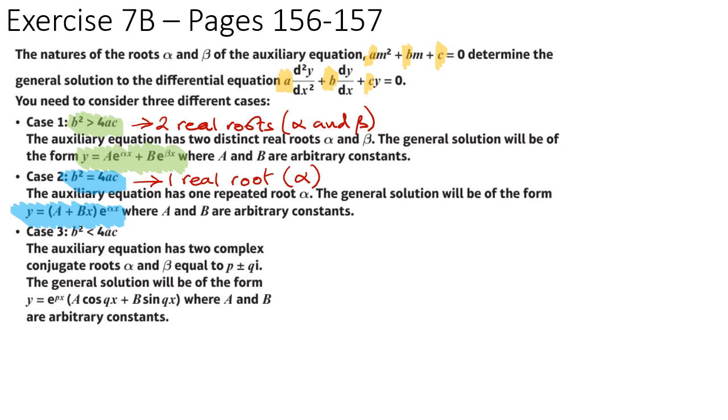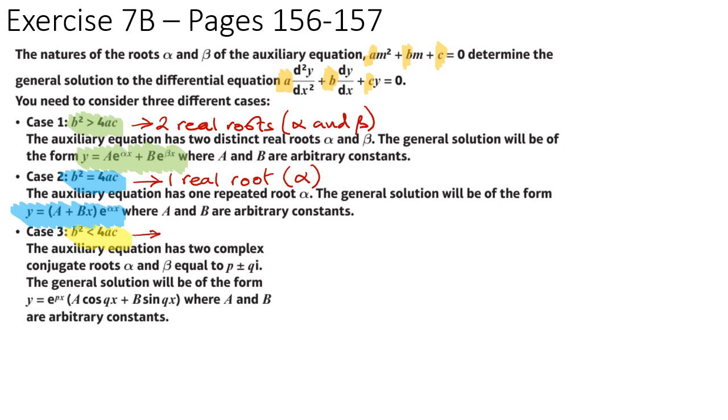And the third case is where we have b squared minus 4ac less than 0, or b squared is less than 4ac. Did I say b squared is less than 4ac? Not sure, doesn't matter.